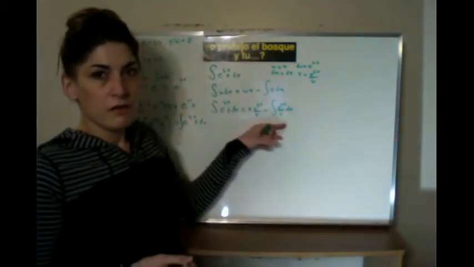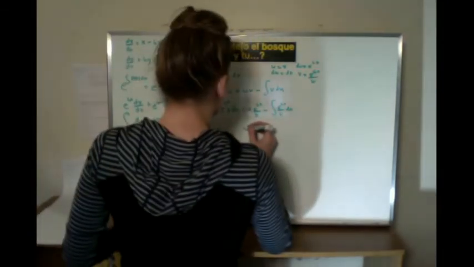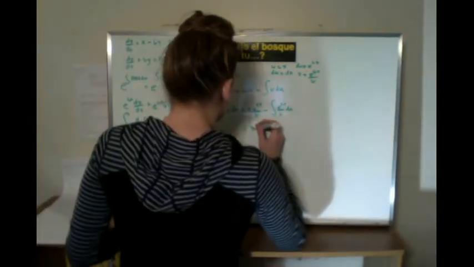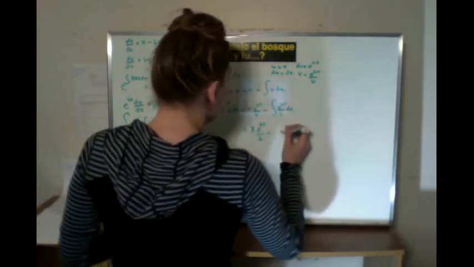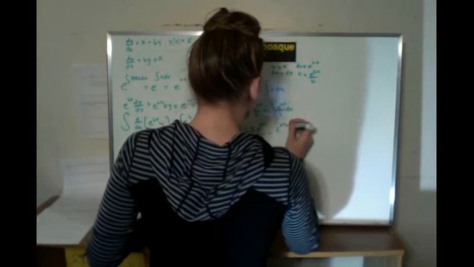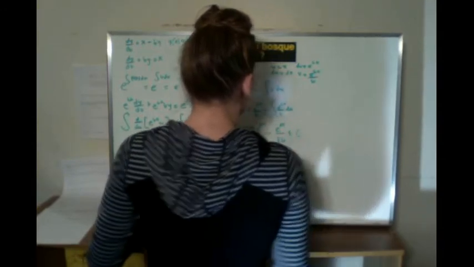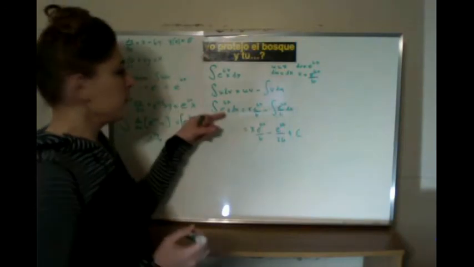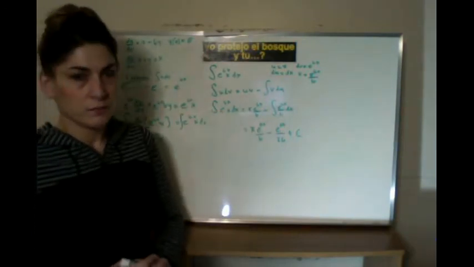We can now solve our second integral. This gives us x times e to the 6x over 6 minus e to the 6x over 36 plus c as the solution to the integral from the right-hand side of our differential equation.